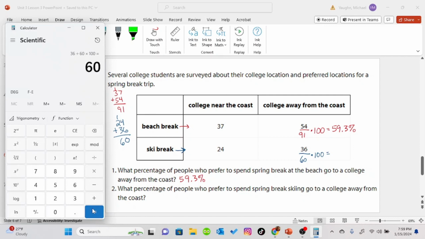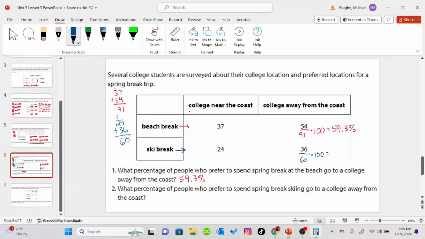And that is 60%. So it appears that students are just as likely to go to college away from the coast, whether they prefer a beach spring break or a ski spring break.